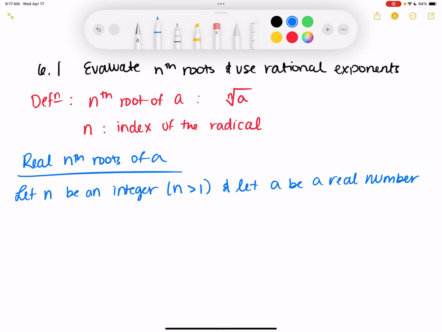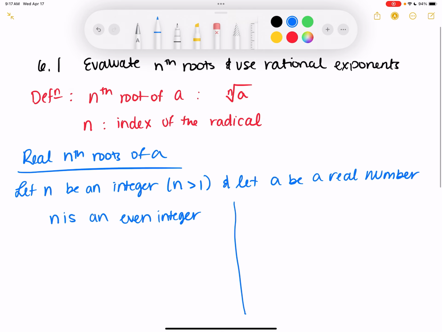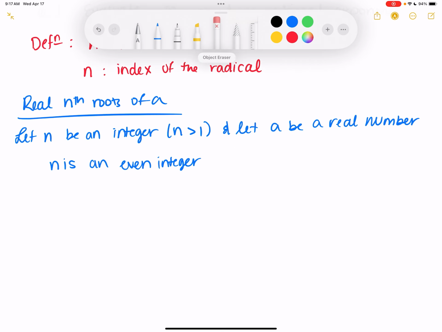And so we're going to have two columns here. The first one is n is an even integer. And then the other side, as you may guess, n is an odd integer.